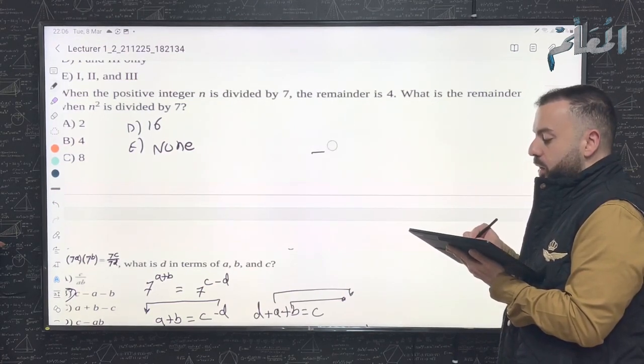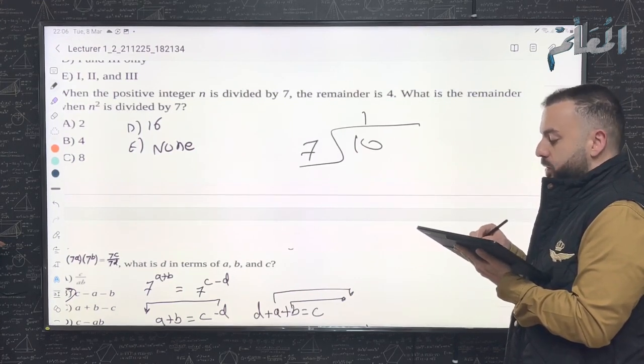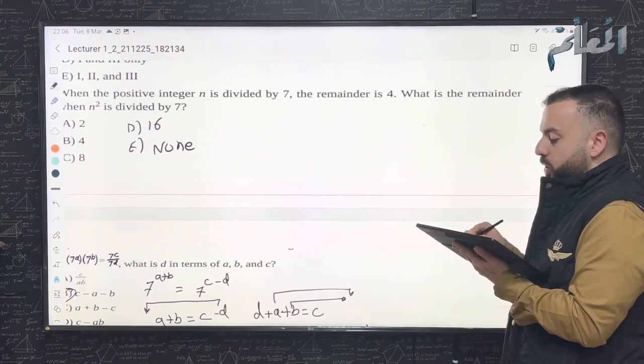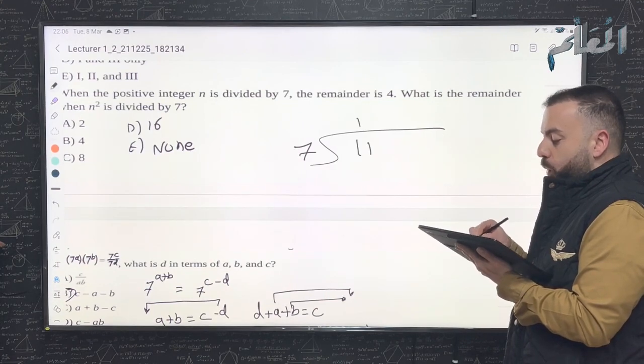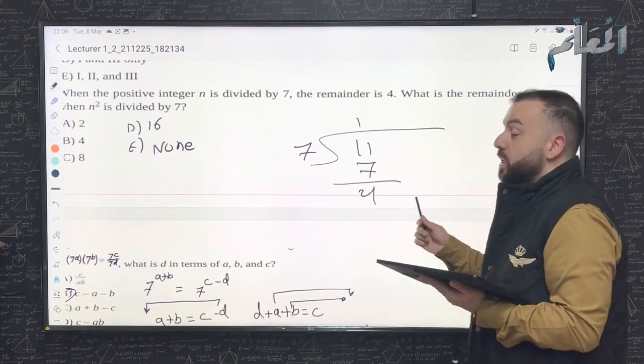Keep going. 10 divided by 7, 1 times 7 is 7, and the remainder is 3. Keep going. The last stage, 11 divided by 7 is 1. 1 times 7 is 7, and the remainder is 4. So, is it 11?